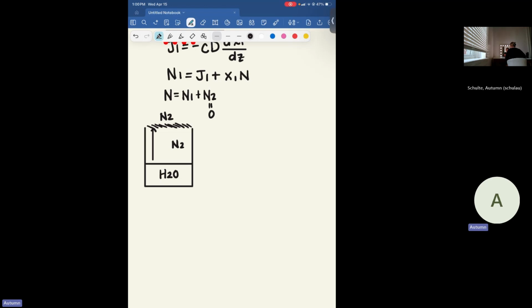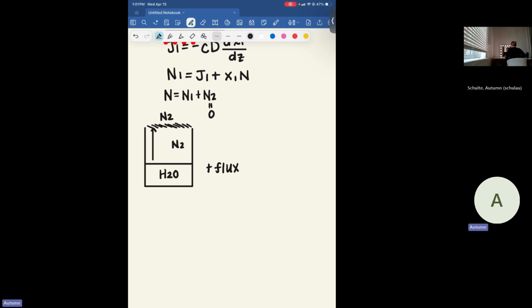Now this nitrogen wants to counteract this diffusion upwards or this flux upwards of water. The nitrogen is going to have a positive flux, but the overall molar flux is 0.